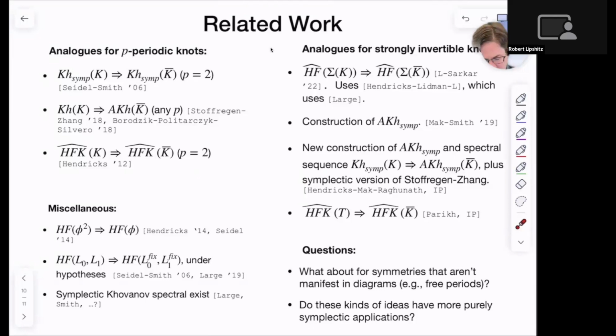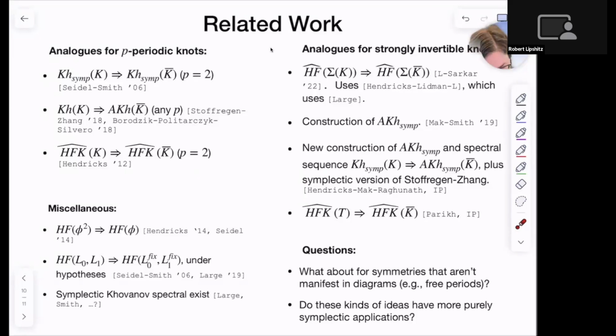So as I mentioned, the first results of this form were due to Seidel-Smith and were for symplectic Khovanov homology in the case p equals 2. The restriction there has not been lifted. This is part of a general story I mention here.